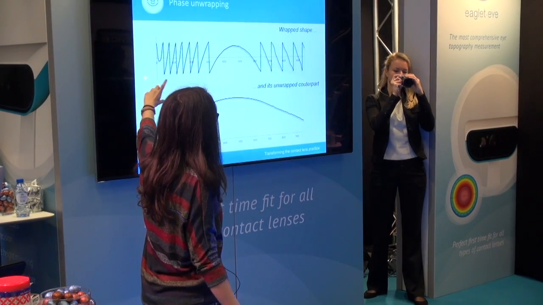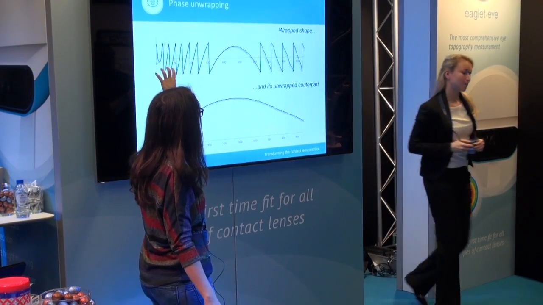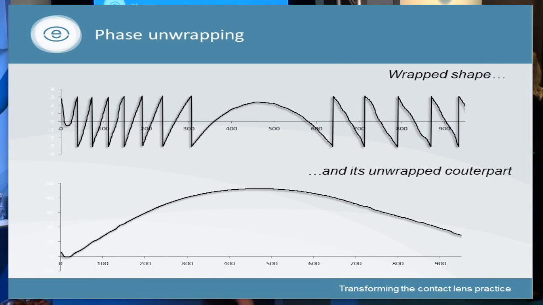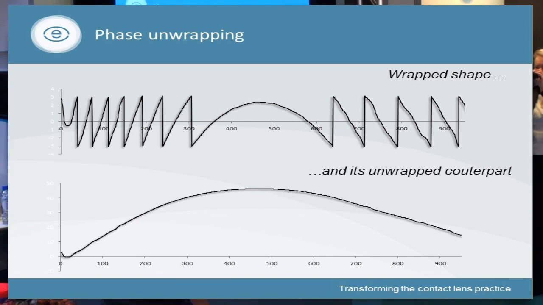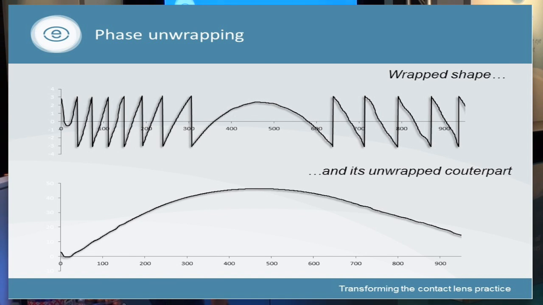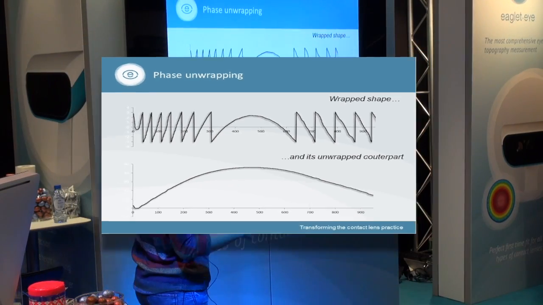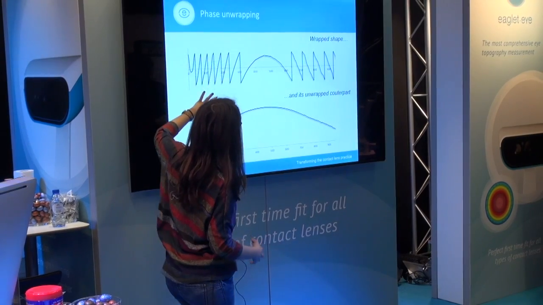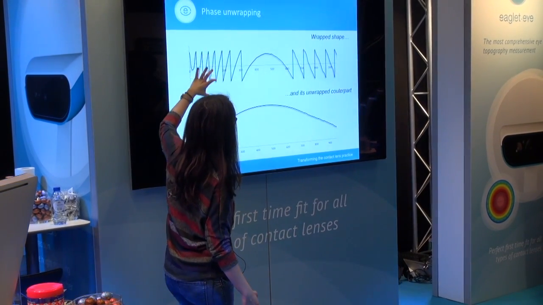But as you can see here, this doesn't give us much. It's the space domain, but I still don't see any kind of shape. That's why we need to unwrap the image. This unwrapping is like a puzzle where we need to put the pieces in the correct place.